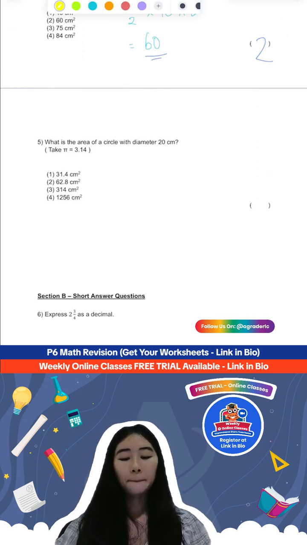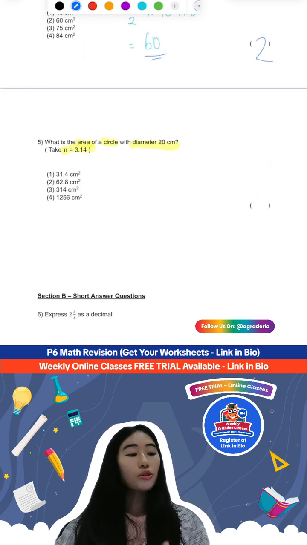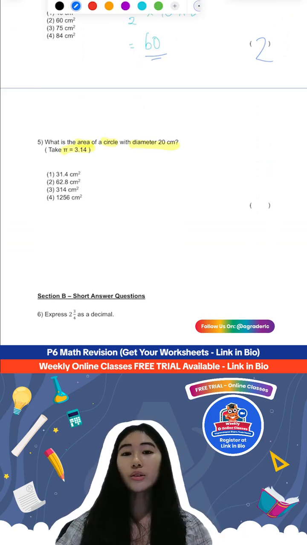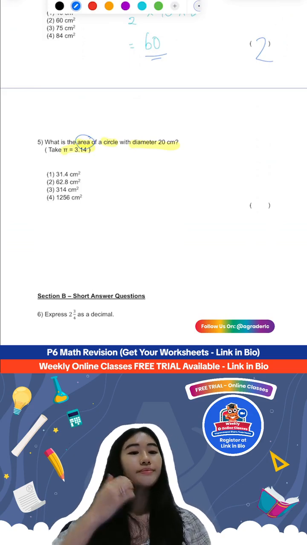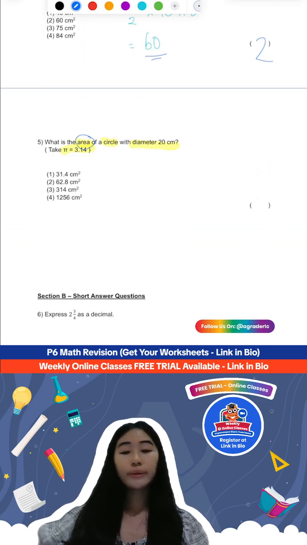That's great. Question 5. What is the area of a circle with a diameter of 20 cm? Take pi as 3.14. So, of course, the first thing you need to do is to remember your formula, right? What is your formula for the area of a circle?